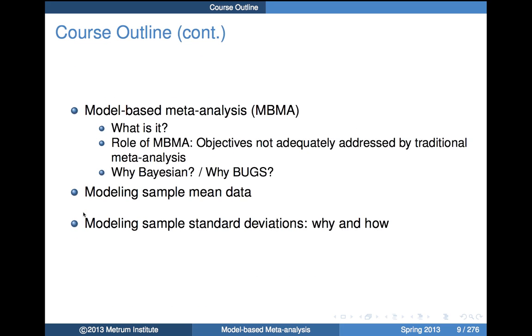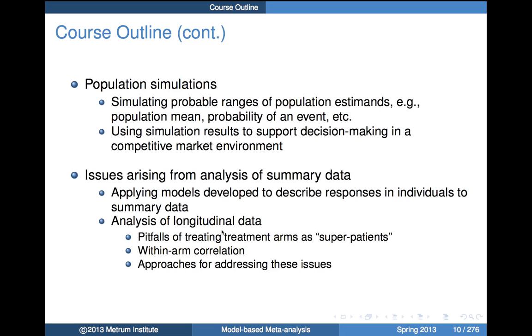Then we'll dig into what we've tended to label as model-based meta-analysis, and we'll talk initially about dealing with cases where we're dealing with sample mean data, perhaps augmented by sample standard deviations. Talk about exercising the resulting models via population simulations, and then talk further about some issues that arise when using summary data.